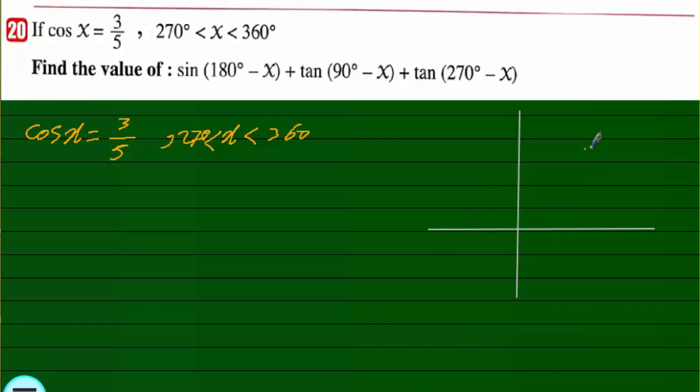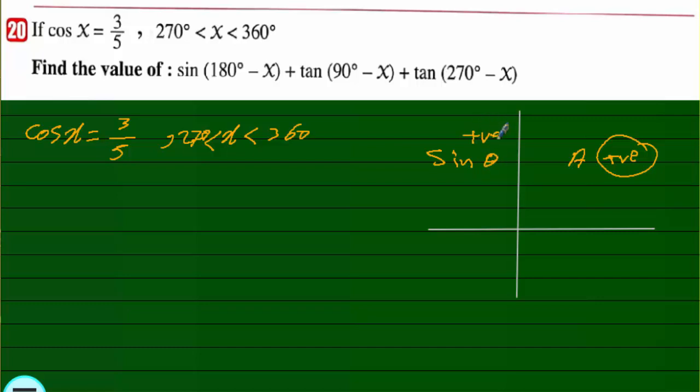You know that here all the trigonometric functions are positive, and the sine function is positive. Sine of any angle theta is positive.